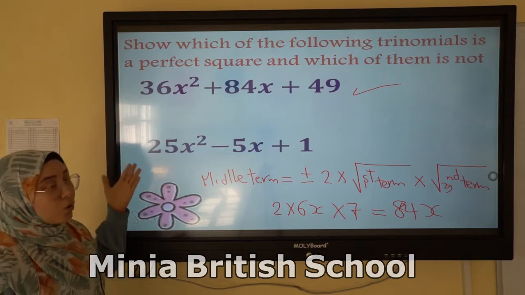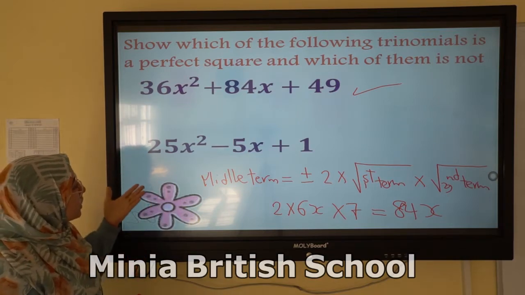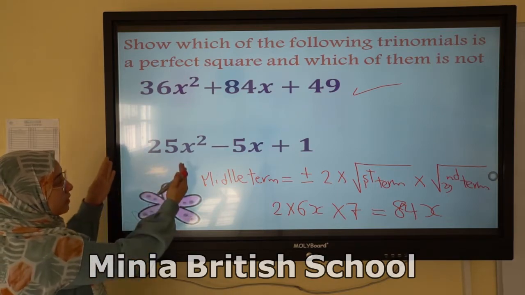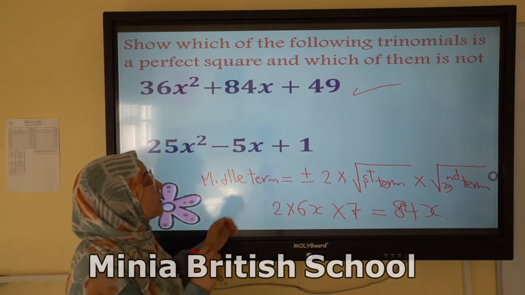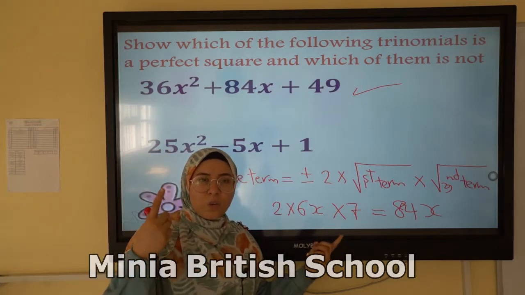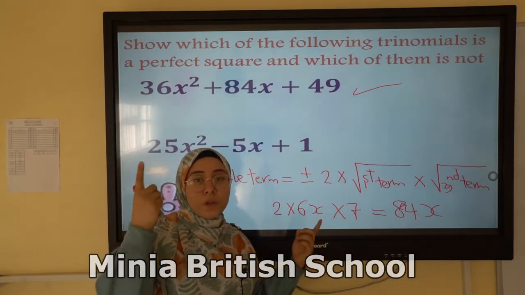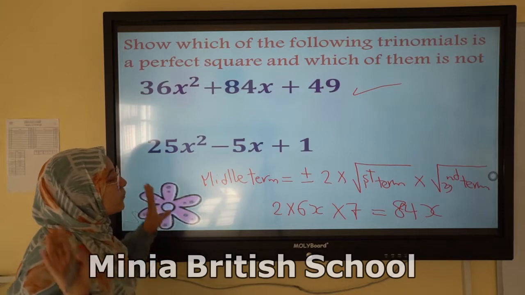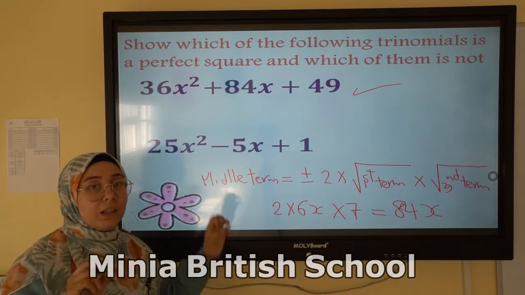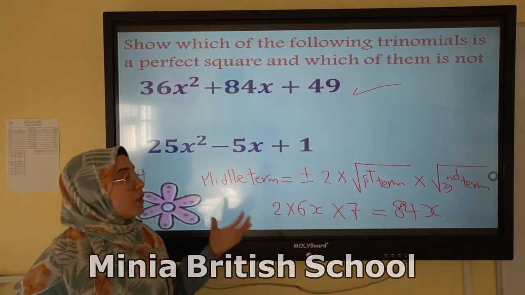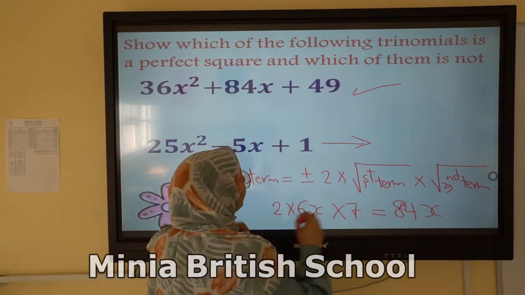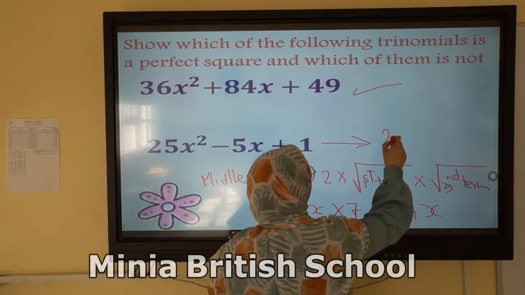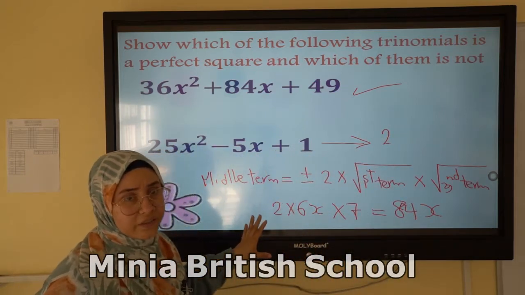And the second one, 25x power 2, the first term here. Good, it's a perfect square. And the third term, 1. 1 is a perfect square, 1 power 2 equals 1. Good. Now we need to check the middle term here. It is negative.